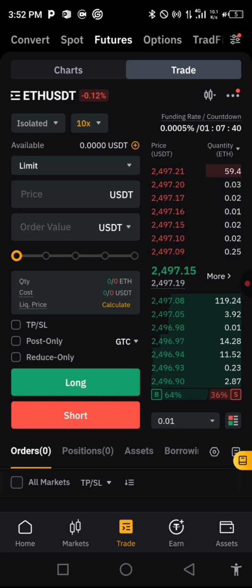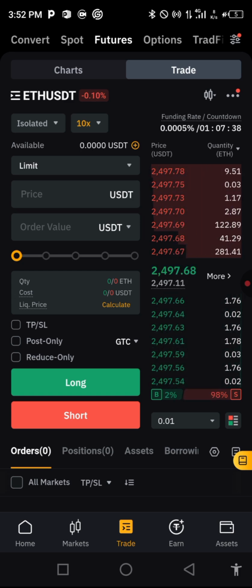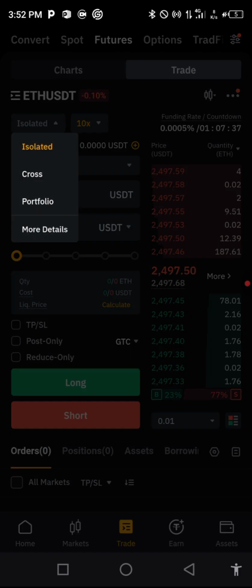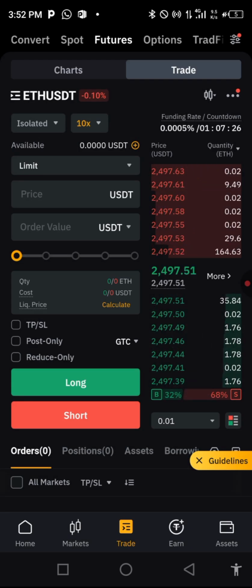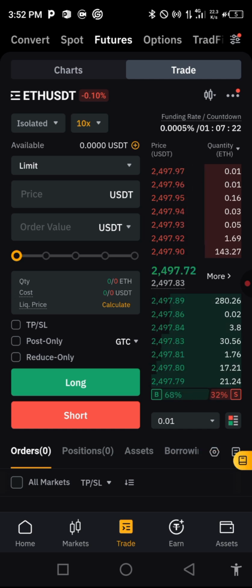All right. So once you click on isolated, now you see isolated and cross as well, right? So I want to advise you always, even as a beginner, always use isolated. Now, what isolated simply means, let's assume that I have $500 in my account and I'm placing a trade of $100, right?